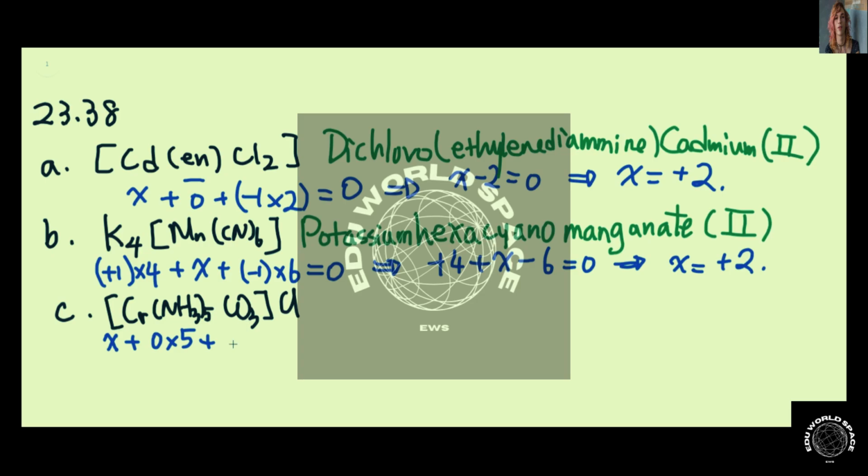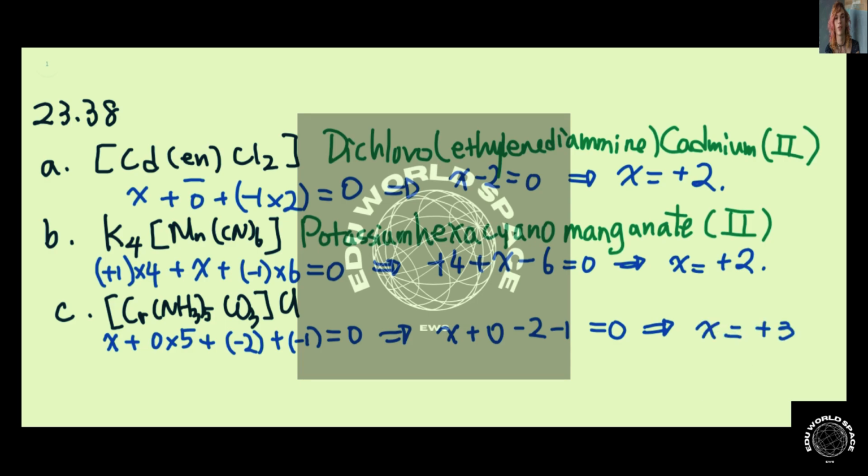And for CO3, that is a -2, and chloride is -1, and altogether equal to 0. So we have X plus 0 minus 2 minus 1 equals 0. So we get X equal to +3. So chromium has an oxidation state of +3.